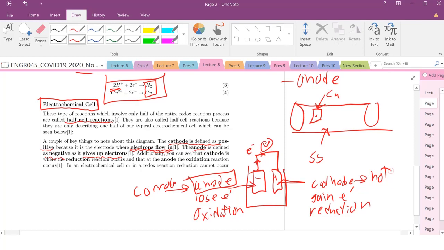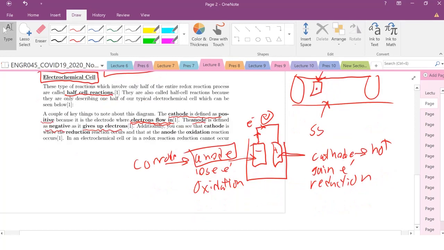We've just identified that the anode is where we're going to lose electrons, where we're going to have oxidation. If we lose electrons, we oxidize, and that material is going to corrode. At the cathode, our positive terminal, we are going to gain electrons. We are undergoing a reduction reaction, and that material will not corrode.